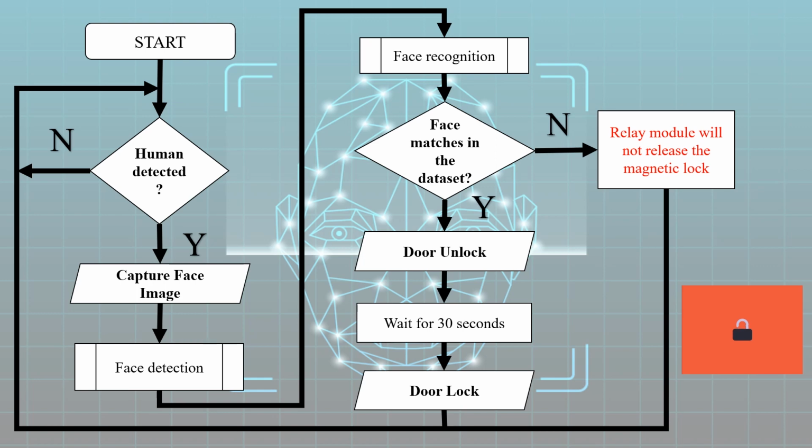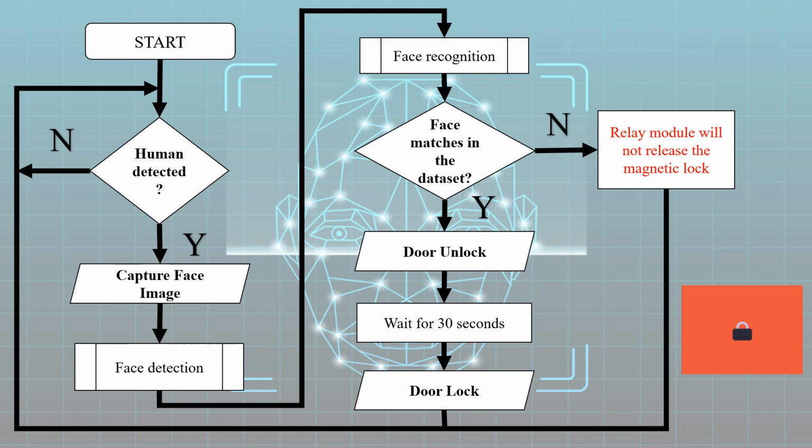Or else, the face detection process will keep on looping until a human face is shown and detected by the Pi camera. After the face detection stage, the captured image data will be used by the face recognition stage. In this stage, the captured image will be compared with the face images located in the dataset folder, which we talked about earlier.